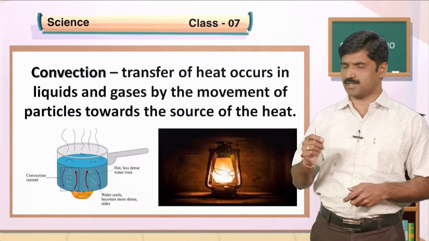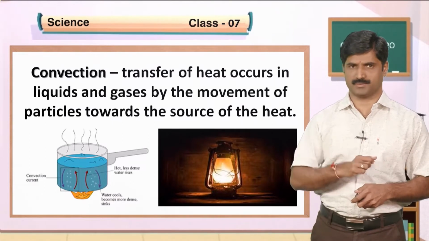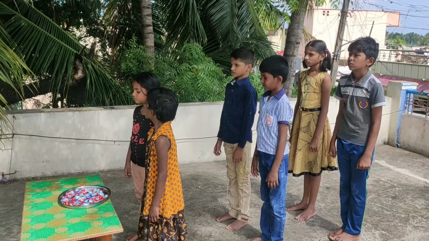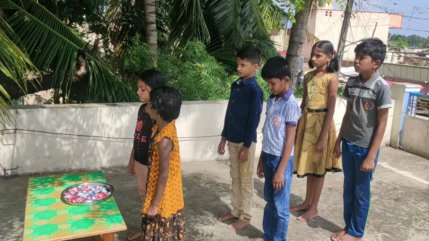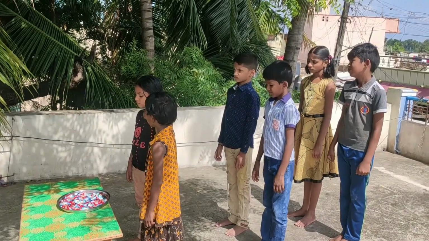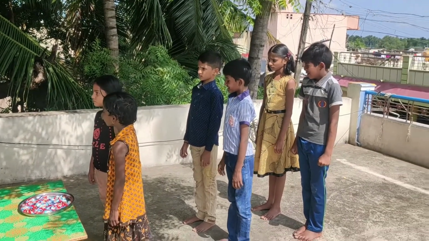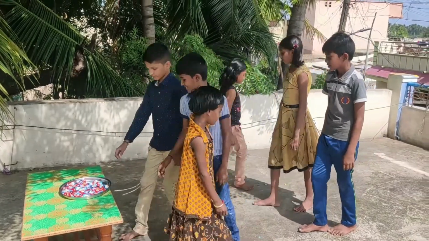Some students are doing an activity about convection. Let us watch this one. We are performing an activity. Suppose the line made by these children is a liquid material and these children are liquid particles, and the chocolate is the heat source. The particles get the heat and they rise.